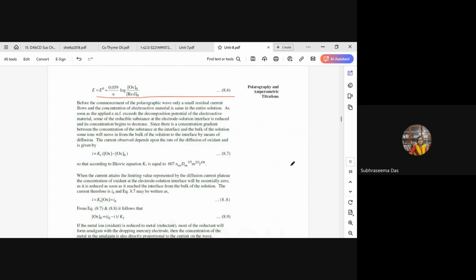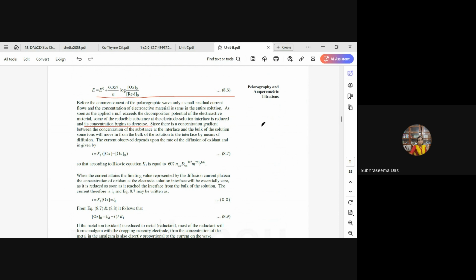Before the commencement of the polarographic wave, only a small residual current flows and the concentration of the electroactive material remains the same in all directions. As soon as the applied EMF exceeds the decomposition potential of the material, some of the reversible substance at the electrode solution interface is reduced and its concentration begins to decrease.